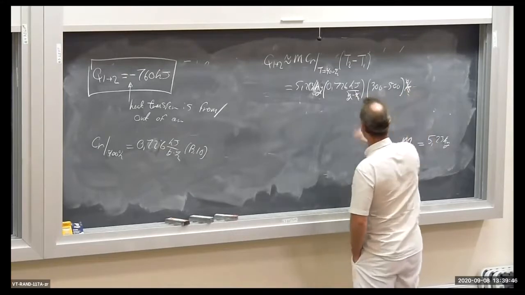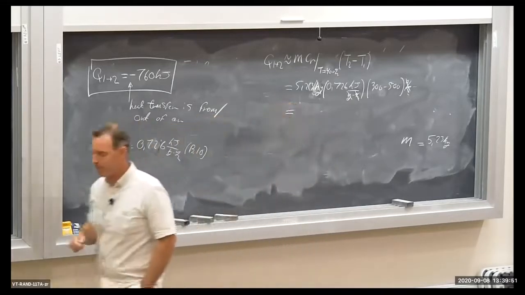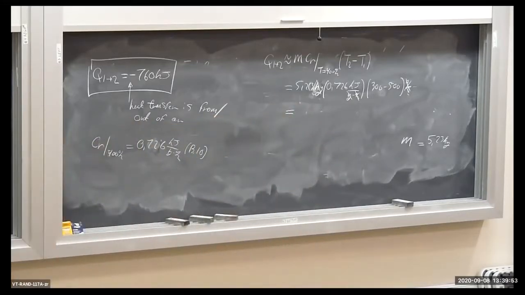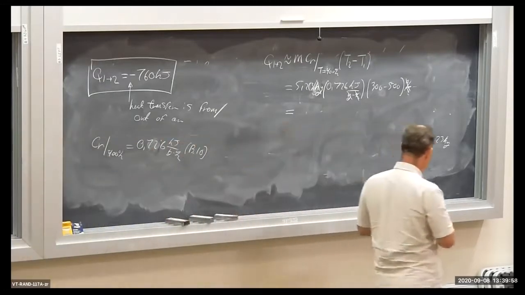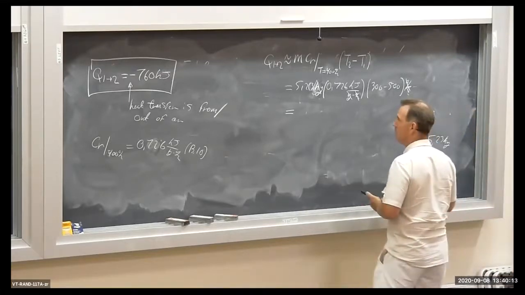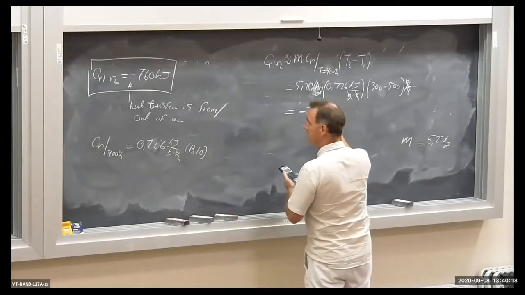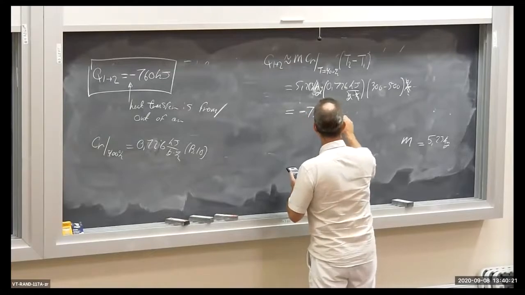The Kelvins cancel out in the specific heat, leaving kilojoules. Hopefully we'll get something very close to the correct value, which is the value using the property tables. Let's see here, 5.23 times 0.726 times 200, and that'll be negative 759.4 kilojoules.